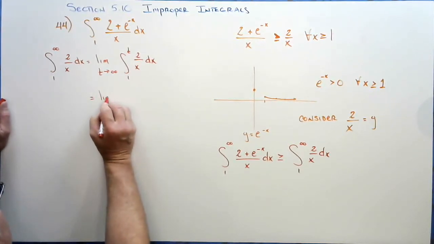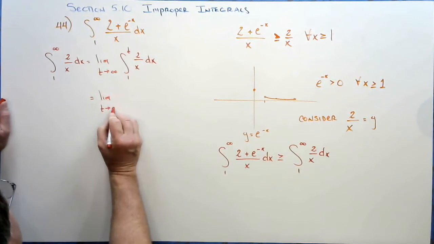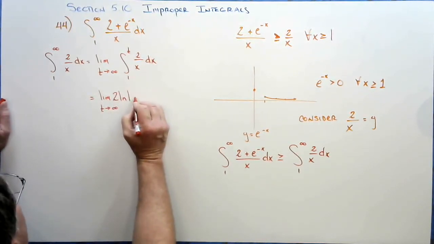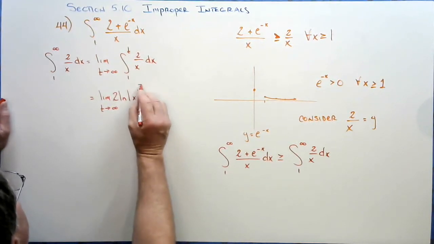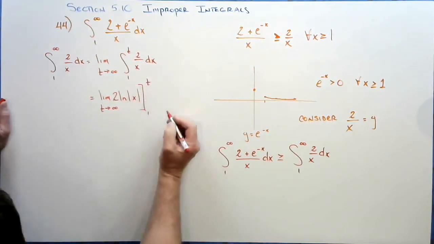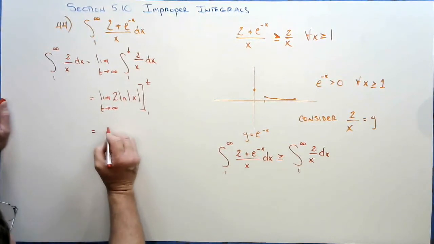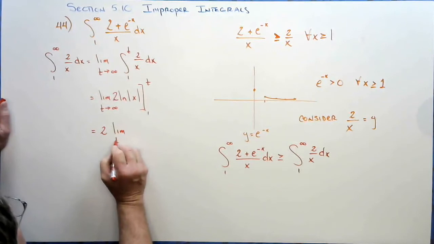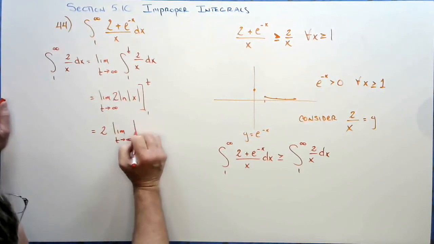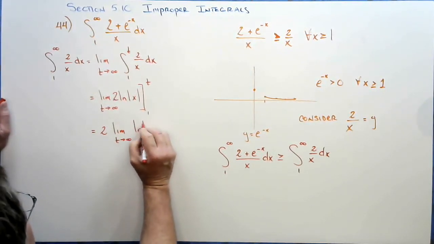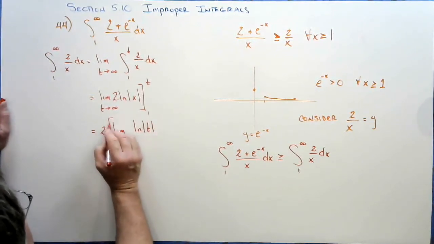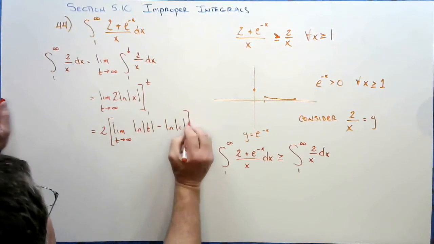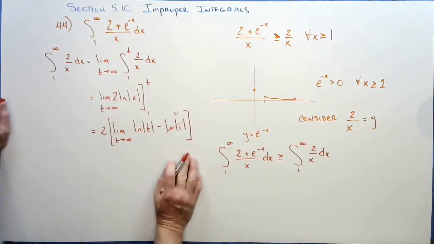So this becomes the limit as t approaches infinity of 2 times the natural log of the absolute value of x evaluated between 1 and t. That becomes 2, because the constant can come out, times the limit as t goes to infinity of the natural log of the absolute value of t minus the natural log of 1. Now that's 0.